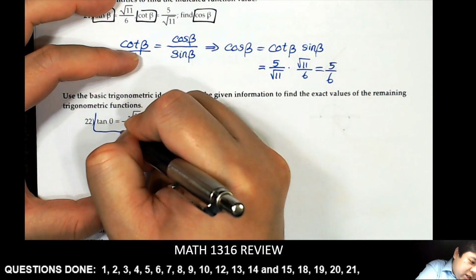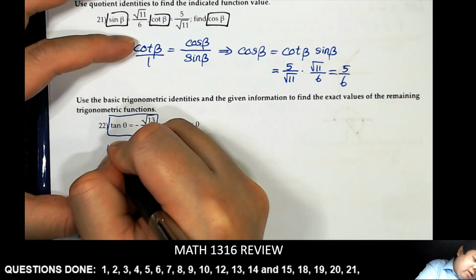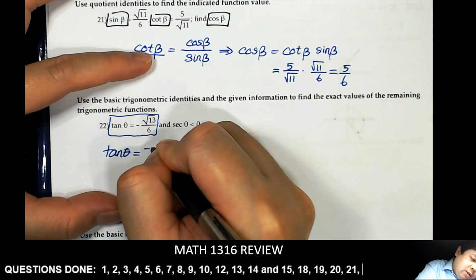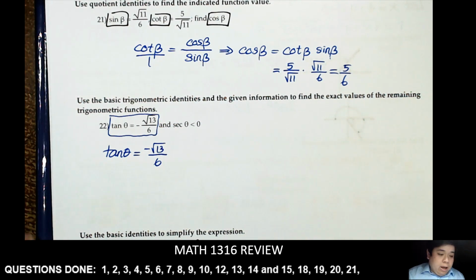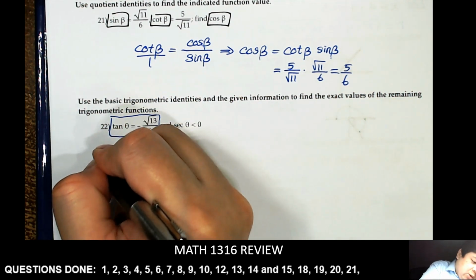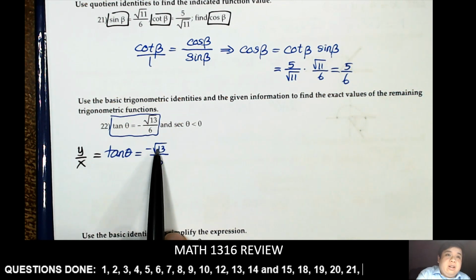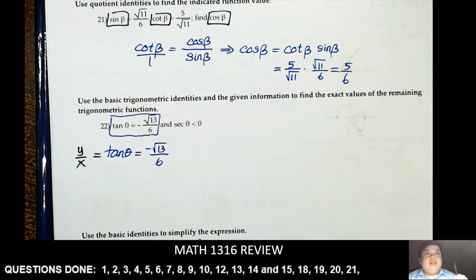So we start with tangent equal to negative square root of 13 over 6. And tangent is equal to y over x. I should not put the negative on the top or the bottom. We don't know that yet.